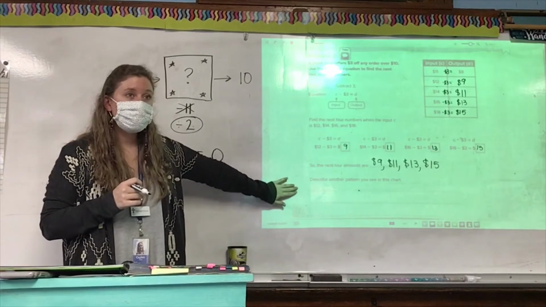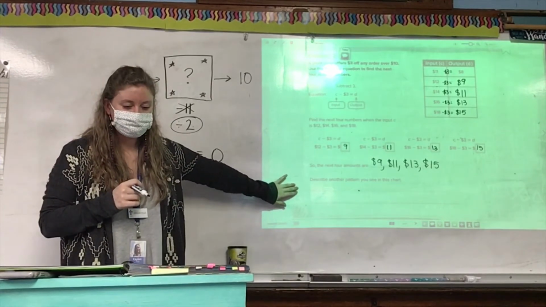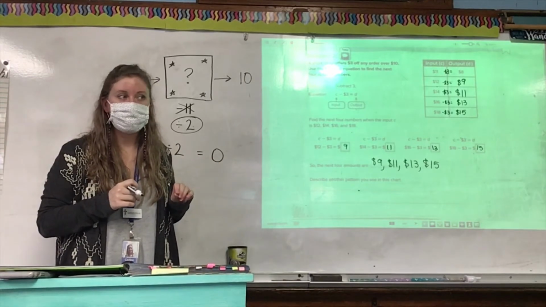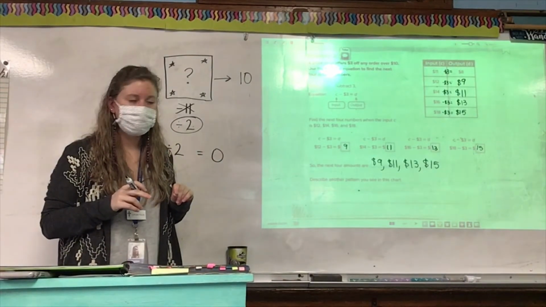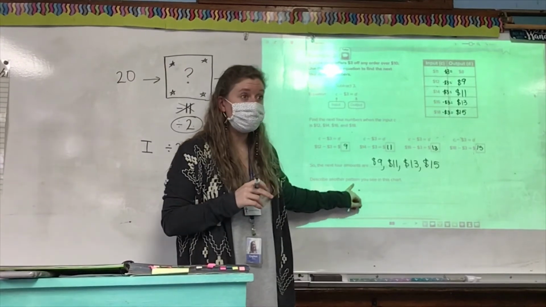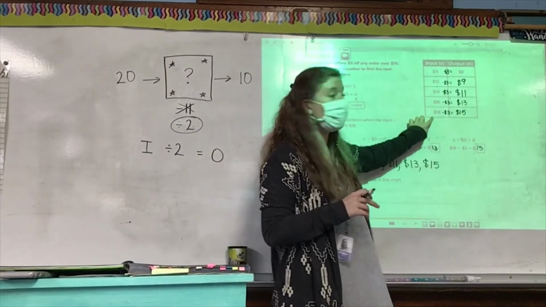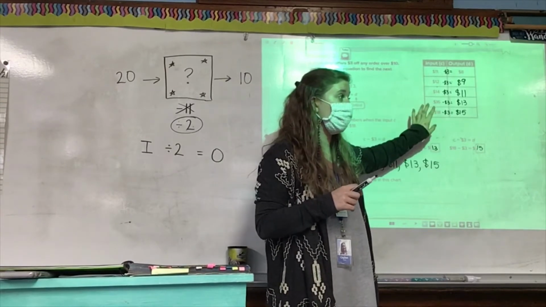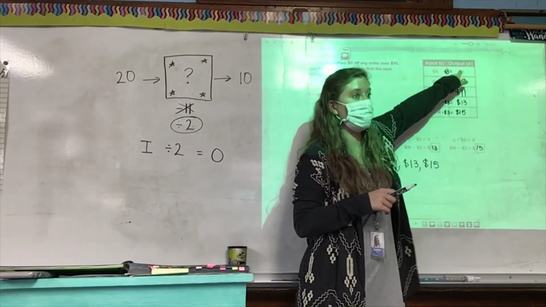Okay, now we're at the observation point. When it comes to input-output tables, your pattern can go up and down. We know when we have an input-output table, to find the rule, we go from input to output, right?